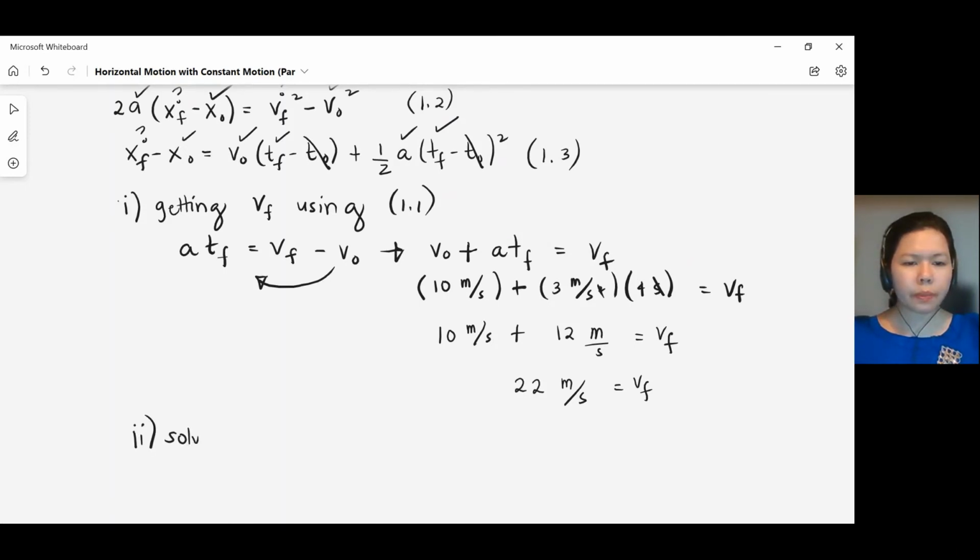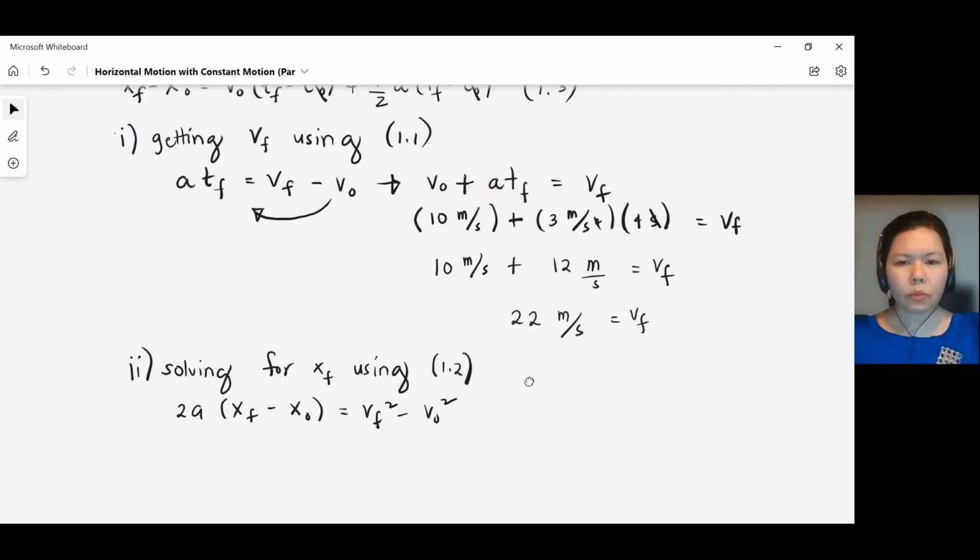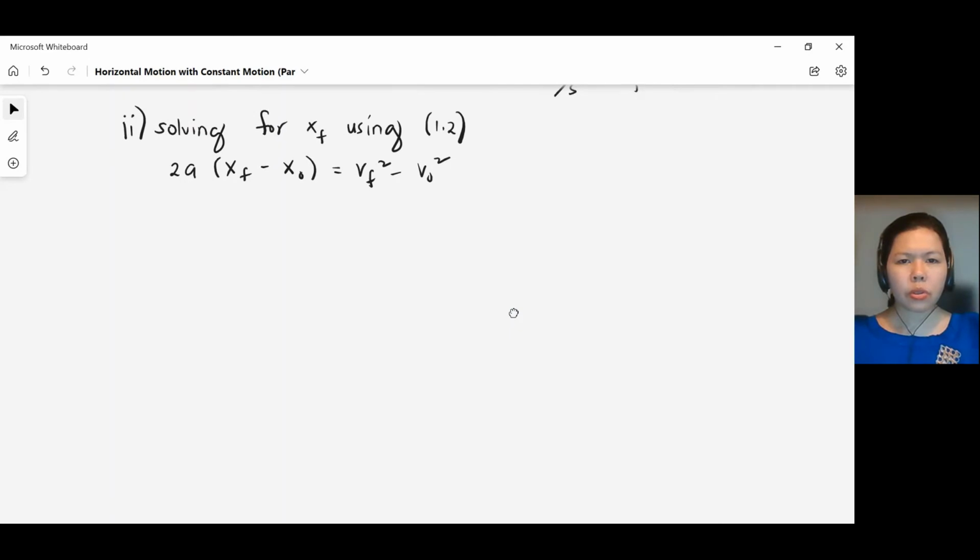Solving for XF using 1.2. 2a, I'm copying it, times xf minus x naught is equal to vf squared minus vo squared. So here we want the xf.